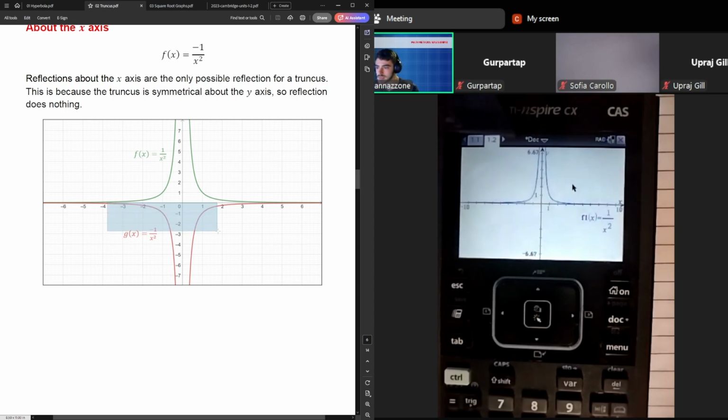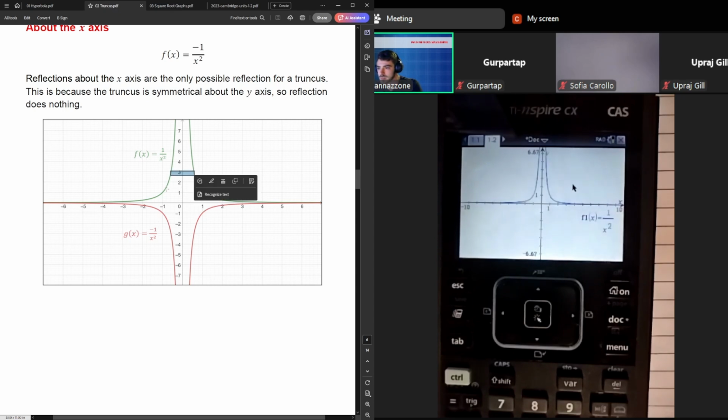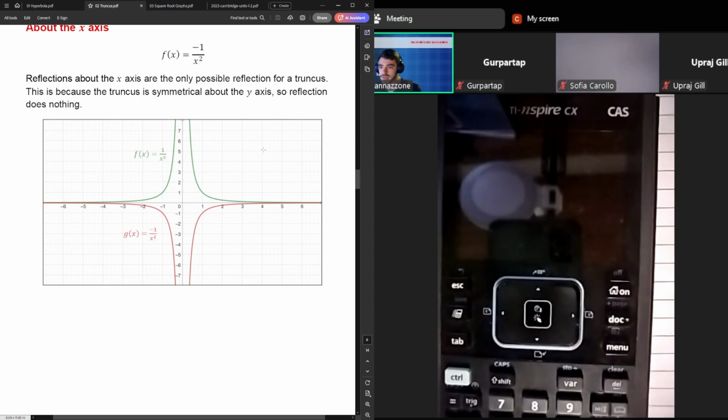When you have that negative sign on the top, you'll flip in the x. So instead of pointing directly upwards, you'll point downwards. The reason why you can't flip in the y is because you're already symmetrical. So you can see if I were to draw a horizontal line anywhere on these spots, it's equidistant. So flipping does nothing.